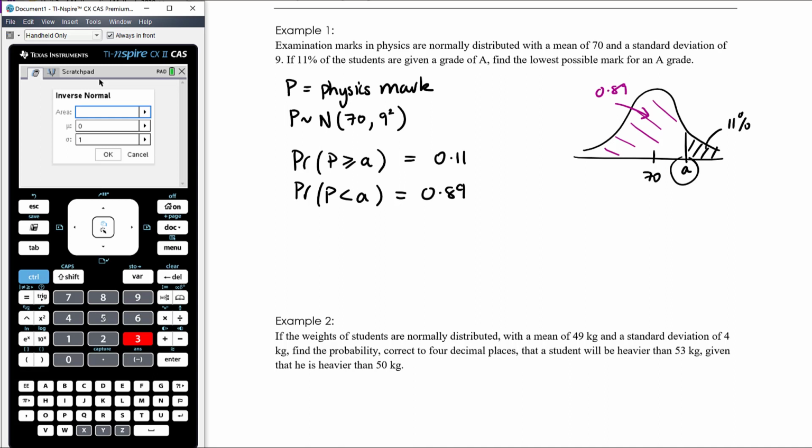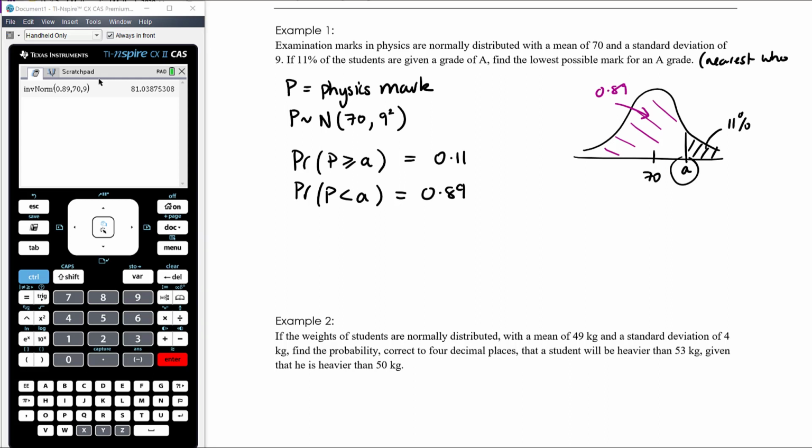The area is 0.89. The mean is 70 and the standard deviation is 9. And we should really give it to the accuracy asked, find the lowest possible mark, so nearest whole number. Let's assume you can't get half marks. So therefore A is approximately equal to 81 marks.